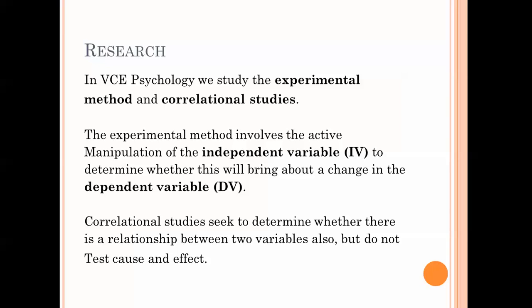So an example of an experiment is seeing whether lollies affect your performance in an IQ test. So the independent variable would be the lollies, and you would expect one group to have lollies and one group not to have lollies. And then the dependent variable would of course be the score that you get on your IQ test.